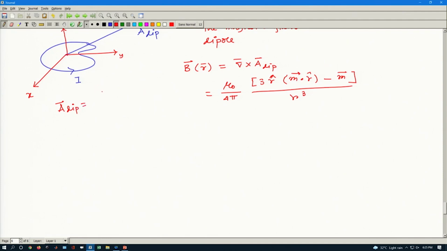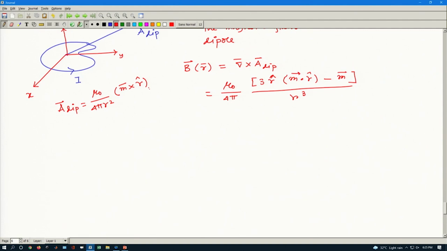It is the dipole contribution for this magnetic case. It is mu 0 by 4 pi r squared, which we extracted last day, times m cross r-hat.